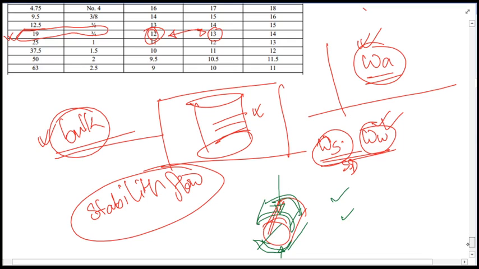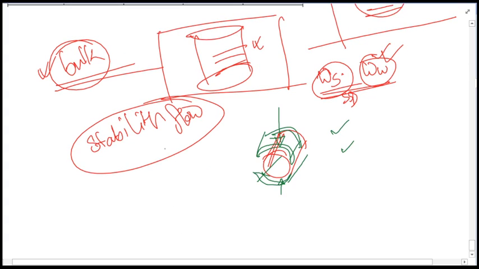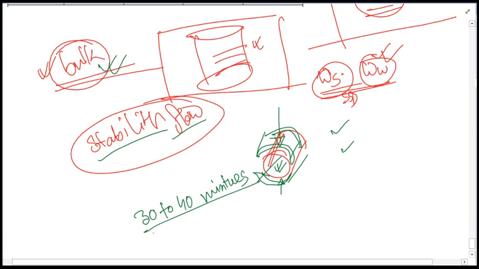But before that, one thing you must understand: while conducting the stability and flow test after bulk specific gravity, we have to make sure that the sample is again immersed in water for at least 30 to 40 minutes, within a specific temperature range.